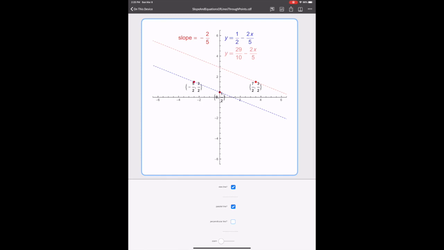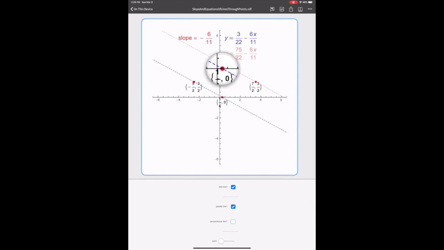Okay, so if we're thinking about our slope, remember slope is the coefficient of x. For both of these equations, it's negative 2/5. Which kind of makes sense, right? If two lines are never going to intersect, they would need the same steepness, right? And slope describes steepness, so that makes sense.